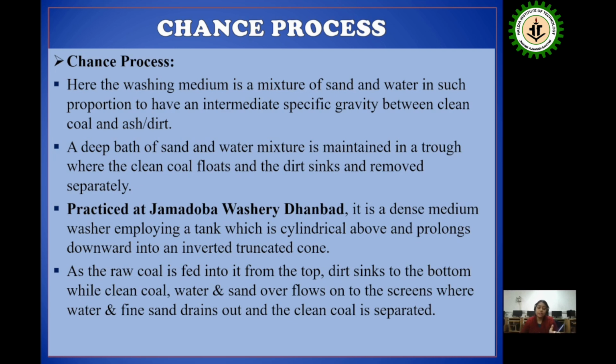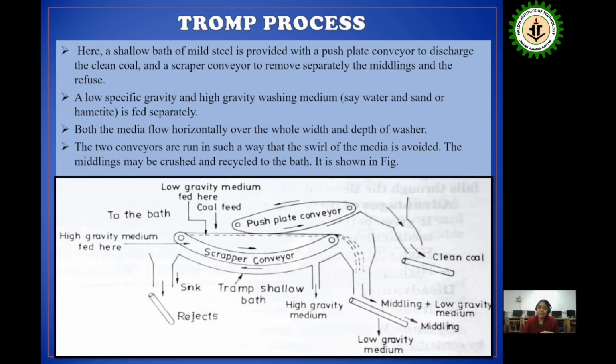So basically, the whole process is dependent on the concept of specific gravity. Depending on the specific gravity of the washing medium as well as the impurity as well as the coal, all the impurity is separated from the medium, that is the sand and water. And this process is popular in the Dhanbad washery. Okay, so let's go to the next one.